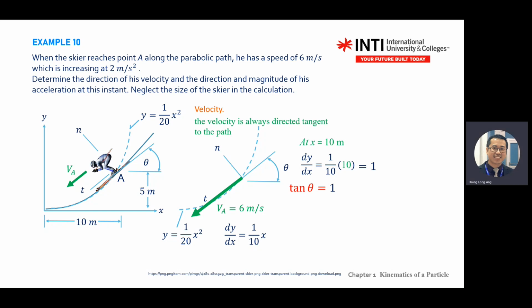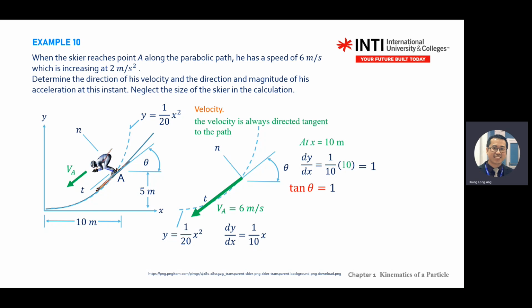Again, A, B, C. What is the tangent theta for this right angle triangle? Tangent is A over B. In this case, your A is the y component, B is the x component.